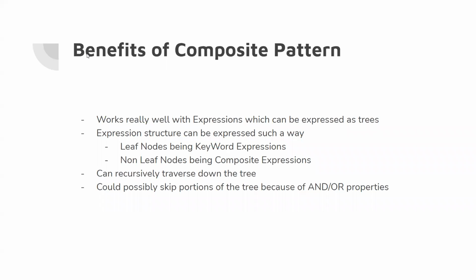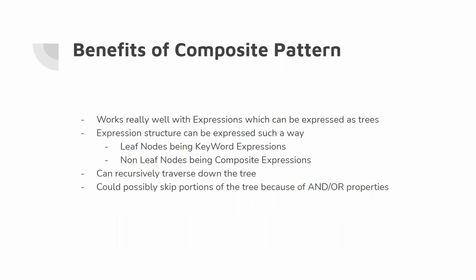Now, what are the benefits of the composite design pattern? Well, it works really well with expressions, which can be expressed as trees, like the current example that I showed you. The leaf nodes are the keyword expressions, or simple objects, and the non-leaf nodes are the composite expressions that still need to be traversed down.